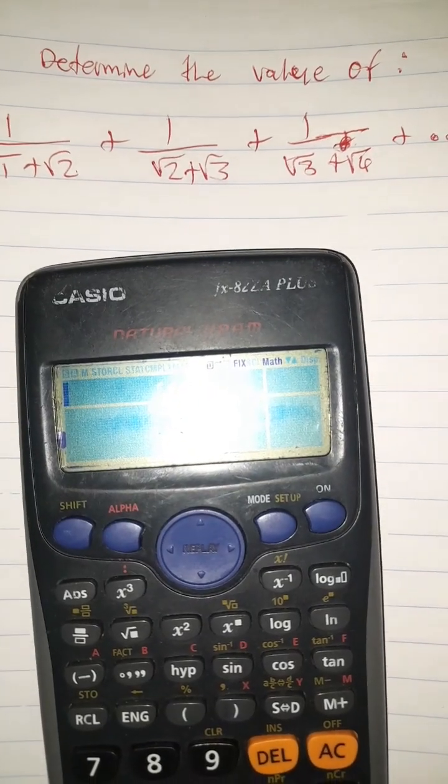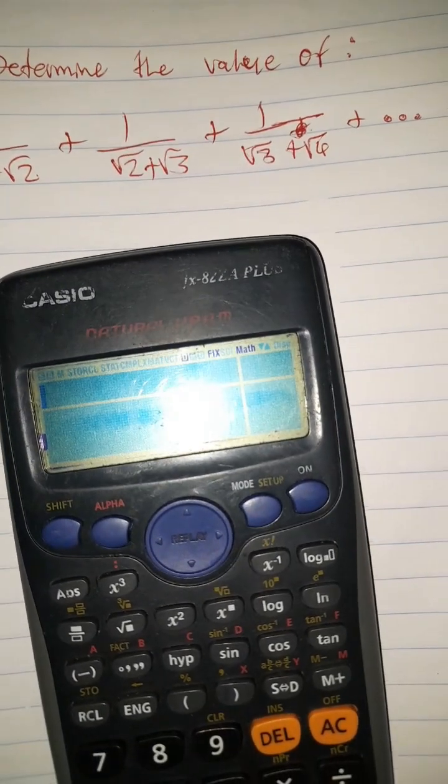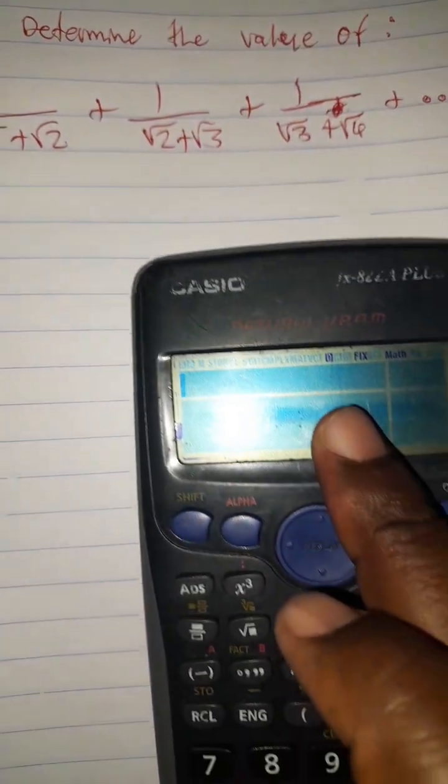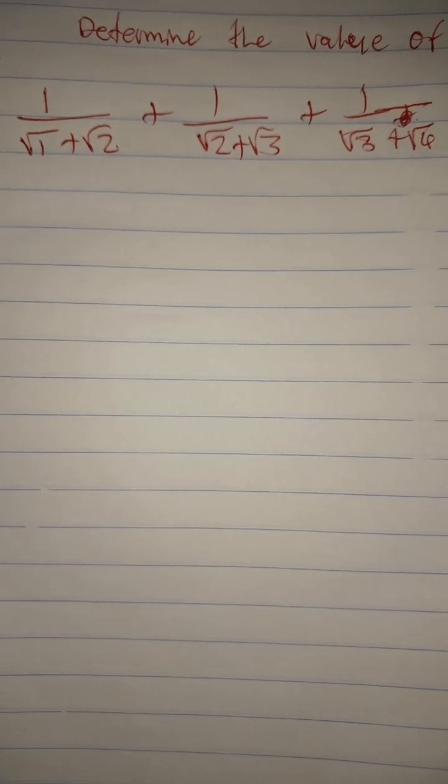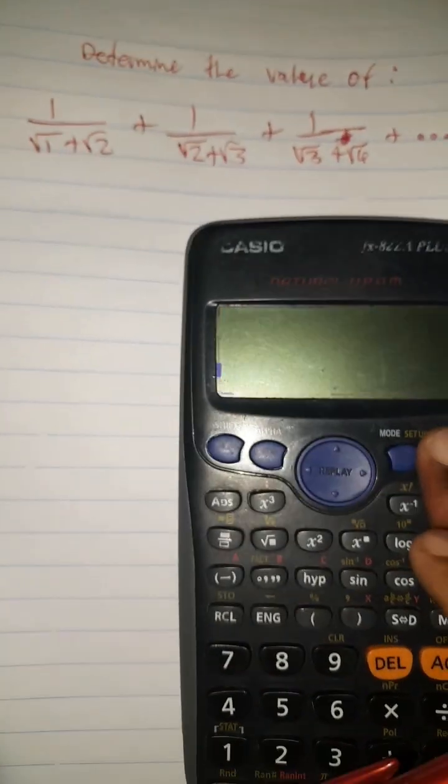Right, we are here, guys. We are working with this. Determine the value of 1 all over √1 plus √2, plus 1 over √2 plus √3, plus 1 over √3 plus √4, up to 1 over √99 plus √100. First thing, guys, is to check whether this is arithmetic or not.